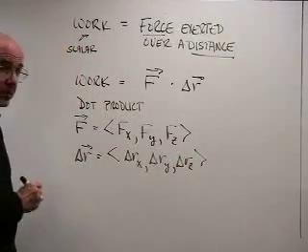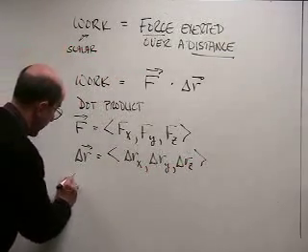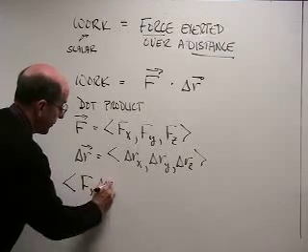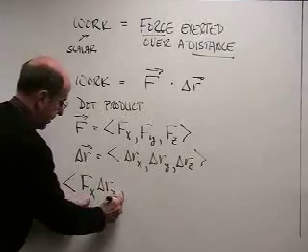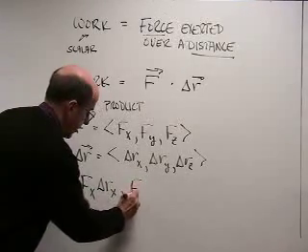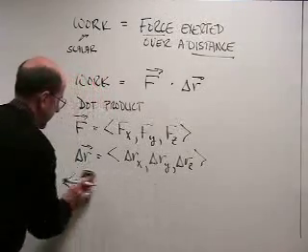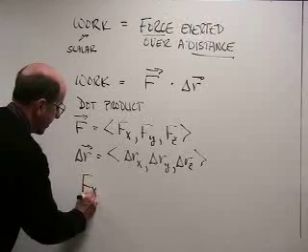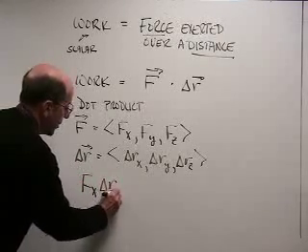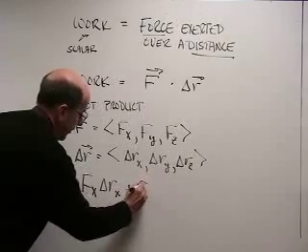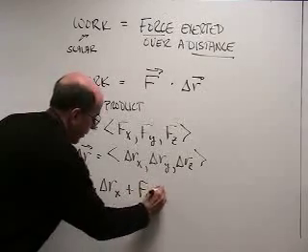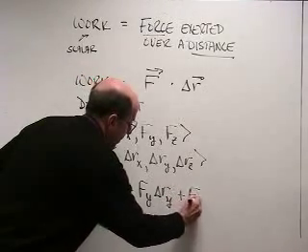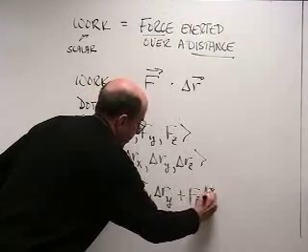Then the dot product of those two vectors is Fx times delta rx, Fy, excuse me, I wrote this wrong. The dot product is equal to Fx delta rx plus Fy delta ry plus Fz delta rz.